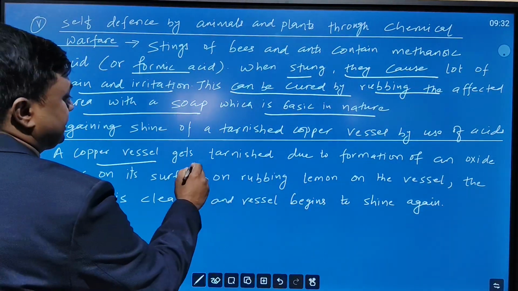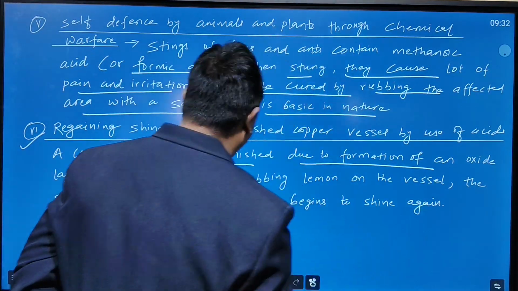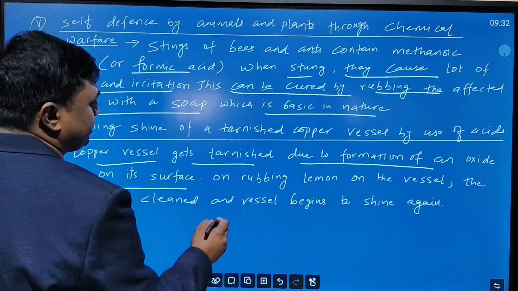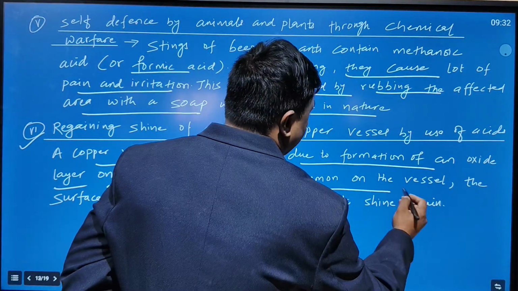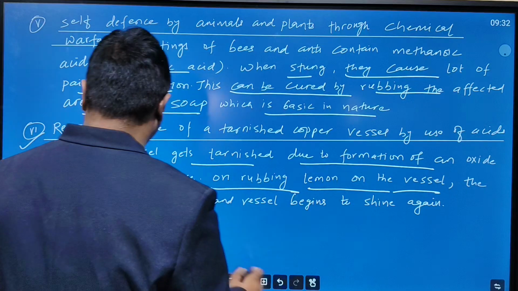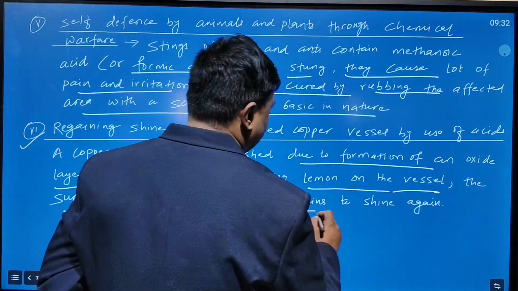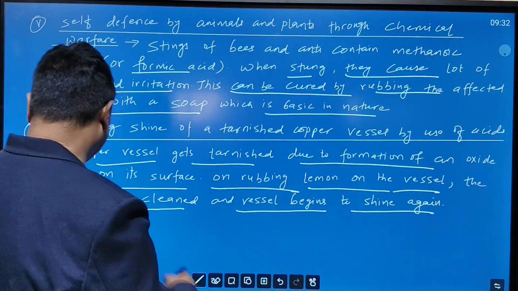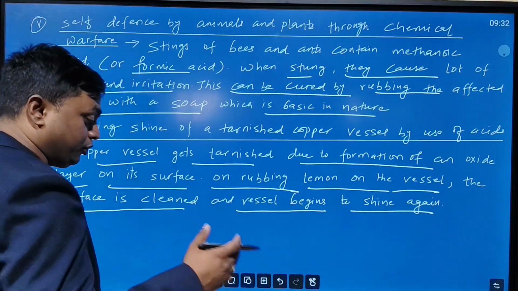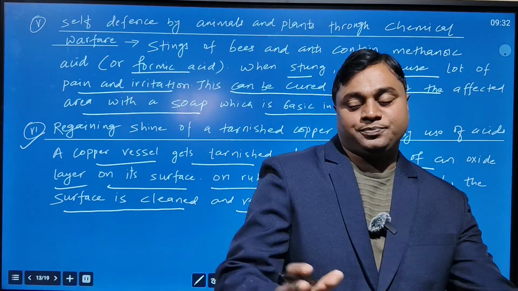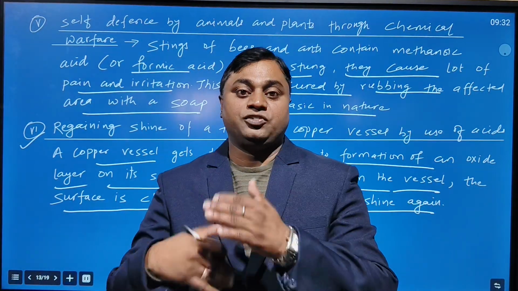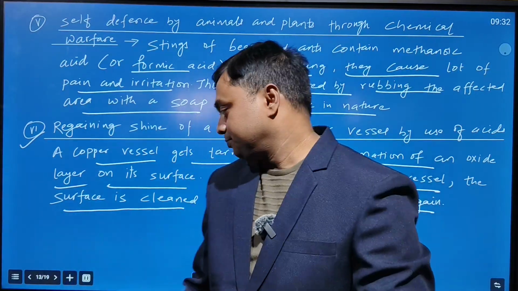So a copper vessel gets tarnished due to the formation of an oxide layer on its surface. On rubbing lemon on the vessel, the surface is cleaned and the vessel begins to shine again. So these are the importance. That's why we should know the pH. That is why it's very important in our syllabus.